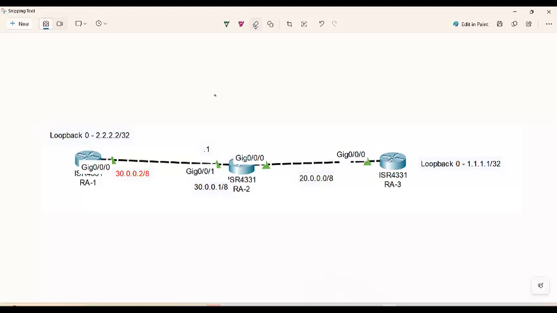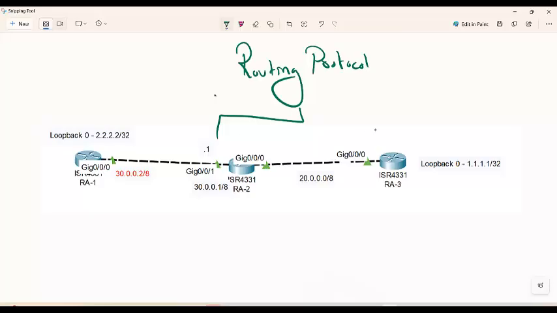What are the routing protocols we have? Routing protocols have two broad classifications. One is IGP, the other one is EGP.